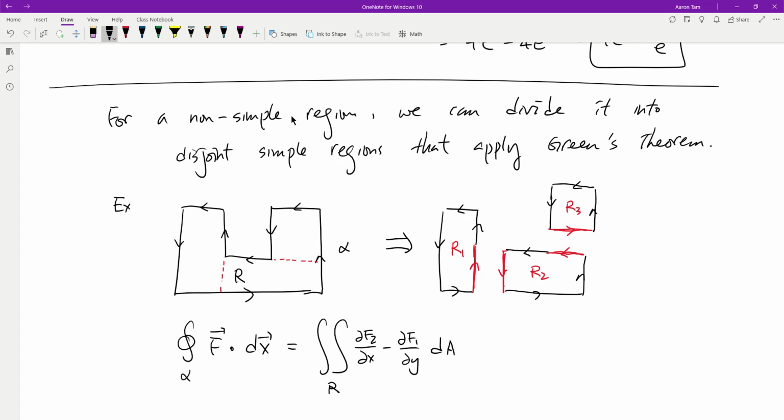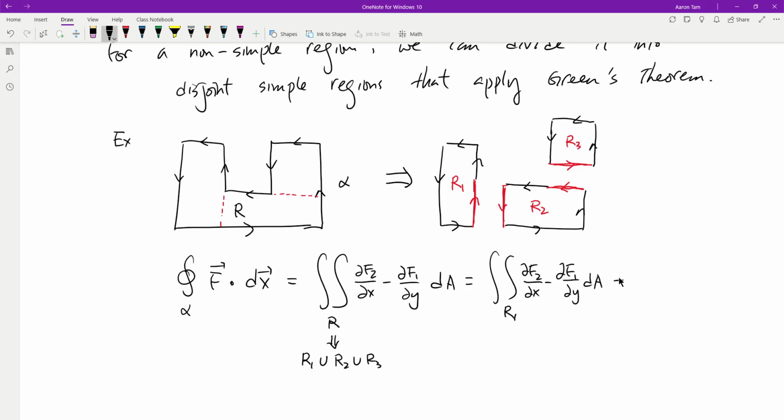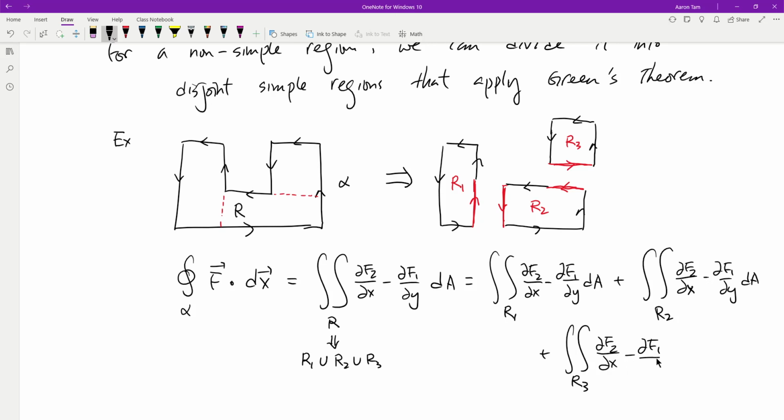And because R is the same as the union of R1, R2, and R3, I can say this is equal to the Riemann integral over R1, plus the Riemann integral over R2, plus the Riemann integral over R3.